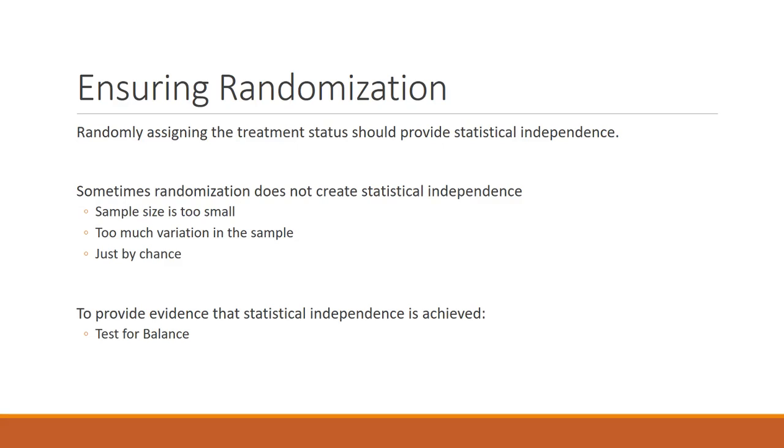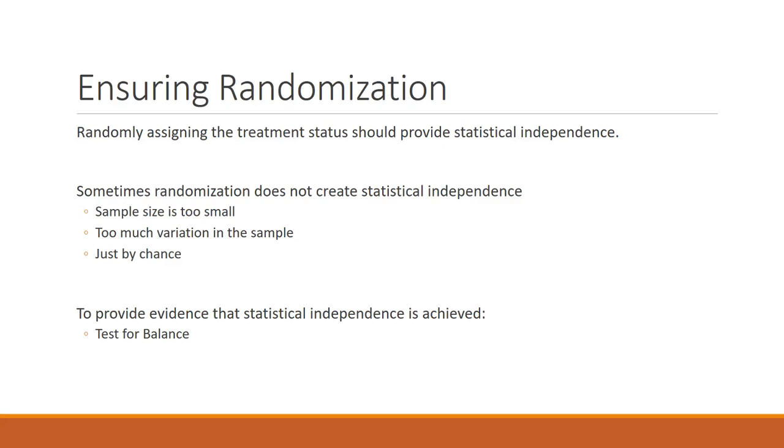And so there's something that we are always going to do when we analyze data from a randomized experiment, from an RCT. What we're always going to do is something called a test for balance. Basically, we're going to perform a test to see whether or not our randomization achieved statistical independence.